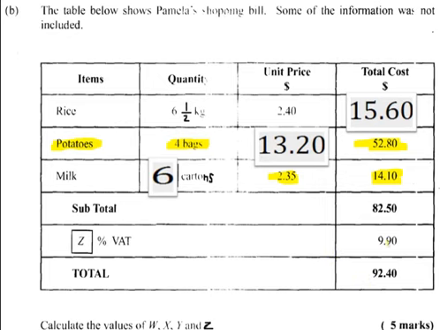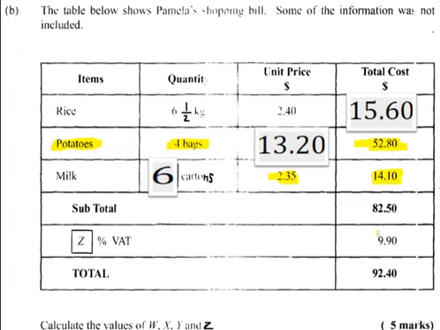Now, the tax is a percentage of the $82.50. So what is happening now? You have Z over 100, that's Z percent. Z percent of $82.50 equals $9.90.